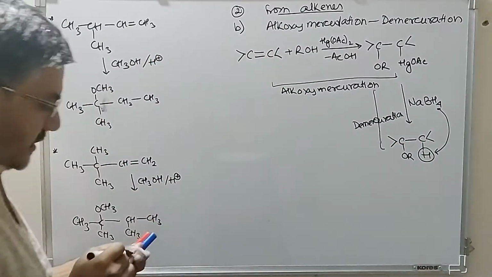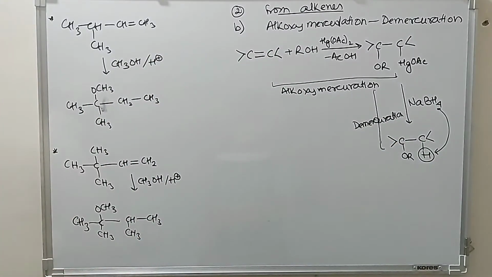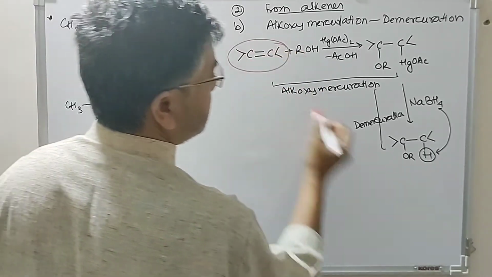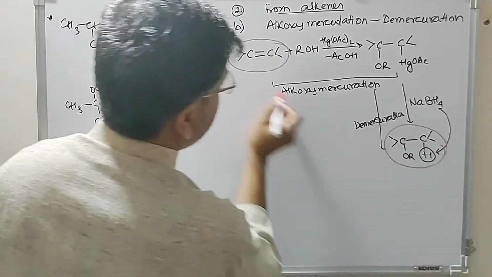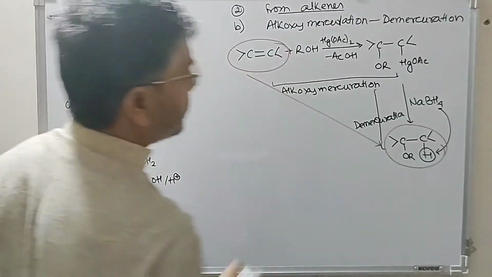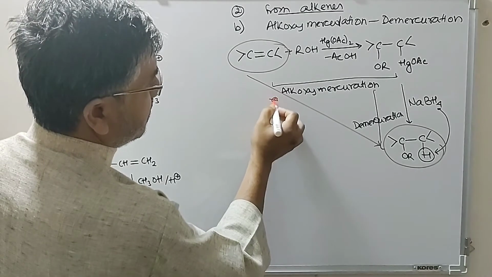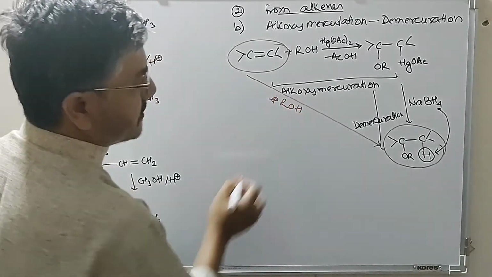If you look at this reactant and the final product, coming from the reactant to the final product, it is simply addition of ROH.